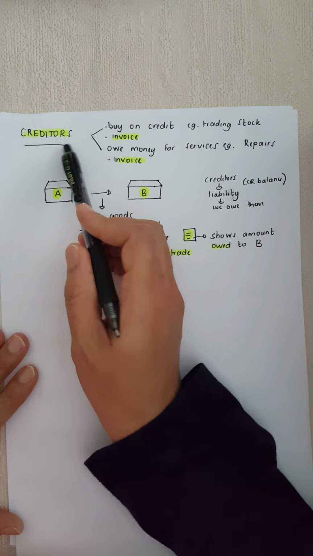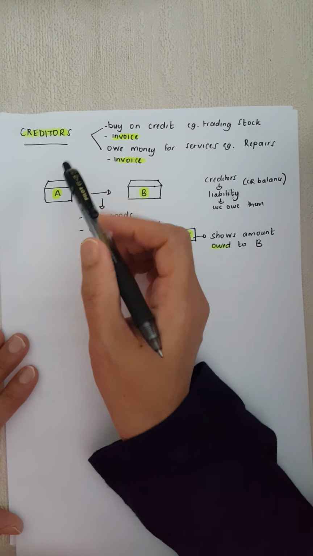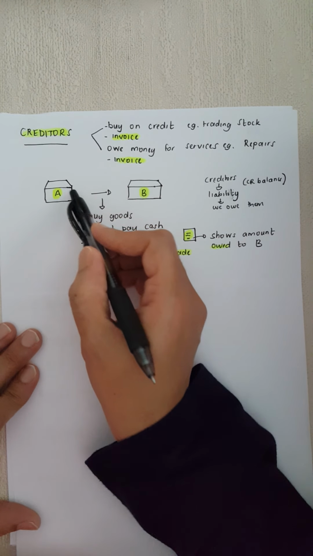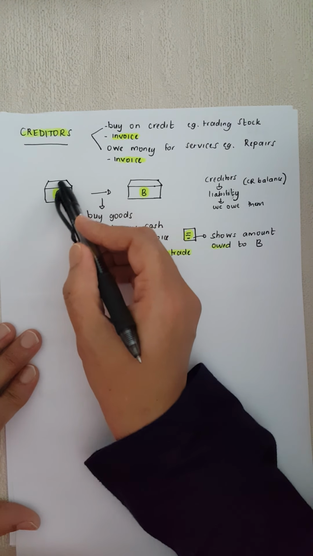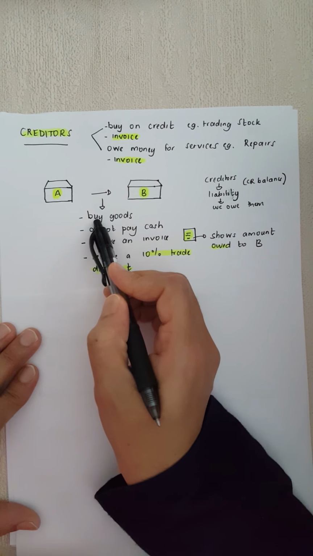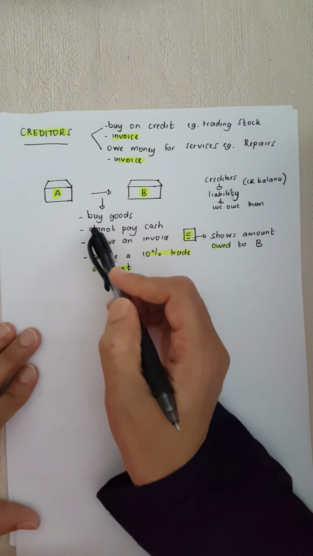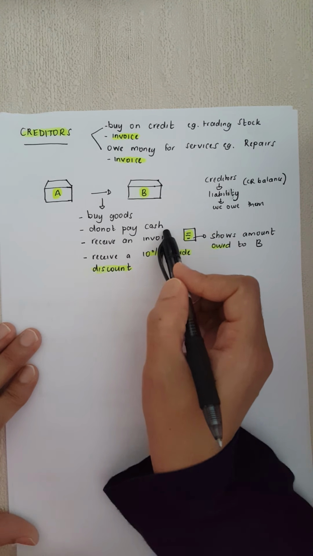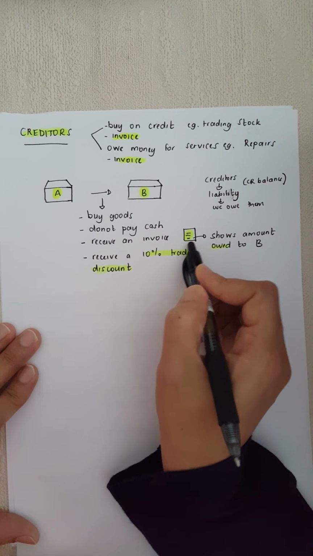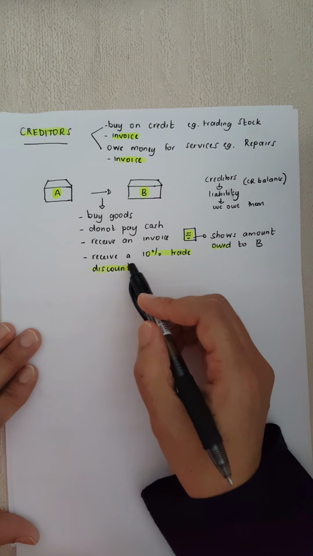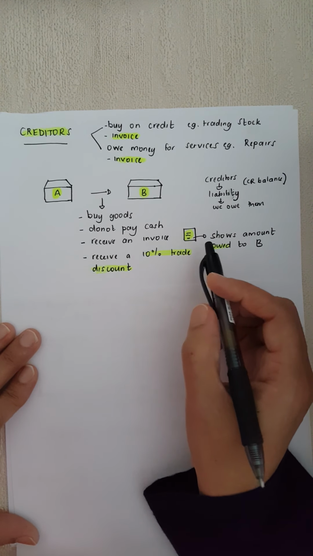So we need to understand what a creditor is and how we record all the transactions for creditors. I've just given you an example here. If our company is company A and we go to company B to buy some goods, or trading stock, but we do not pay them cash, what happens is we receive an invoice from them and the invoice shows us how much money we owe to B. They may give us a 10% trade discount, which we will do a bit later on.